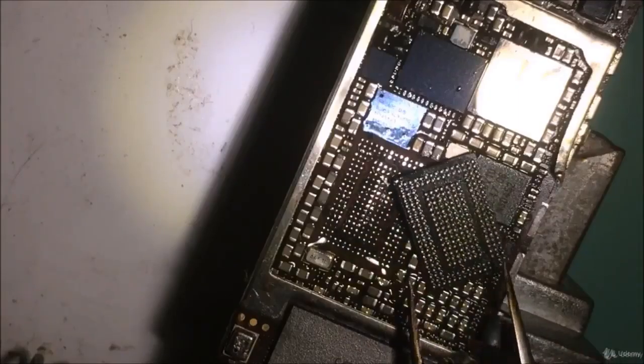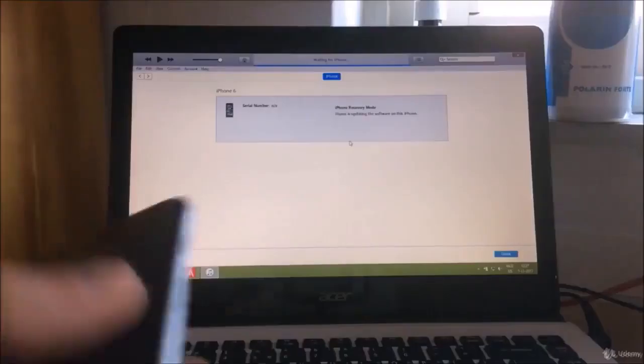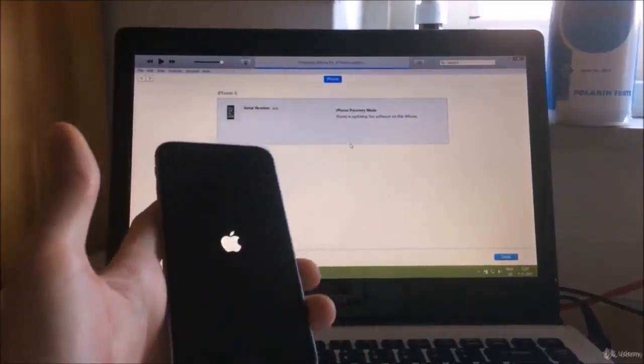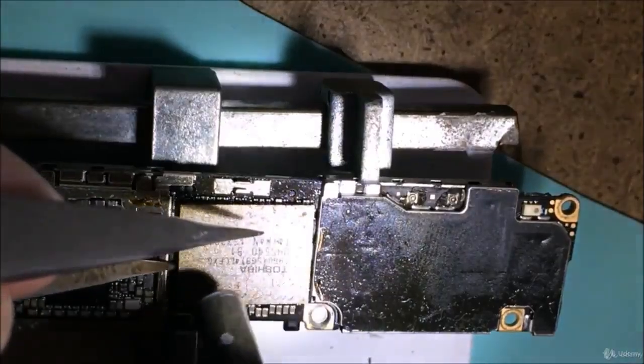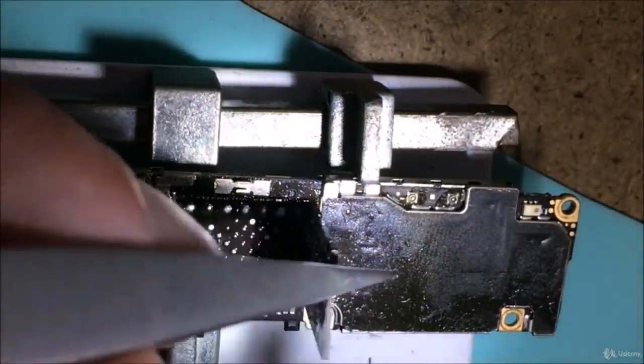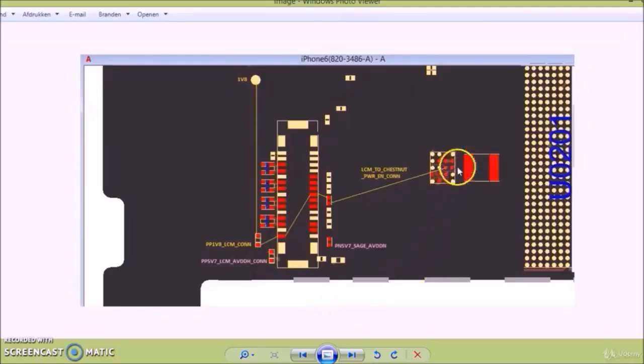Then comes the power management unit and its power line. After that, we will focus on essential data lines. Then we will cover the possibility of software failure and how to solve it. And finally, we will discuss the place where that data is actually stored, the NAND flash IC. And we will conclude this course with a detailed approach of how to solve a no image or no touch issue.